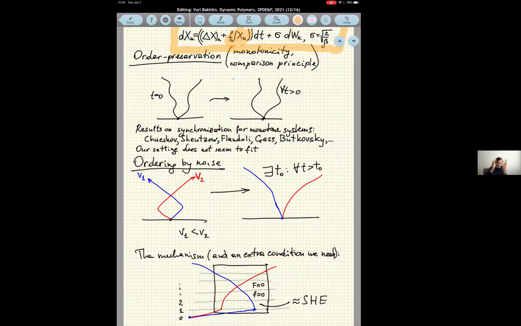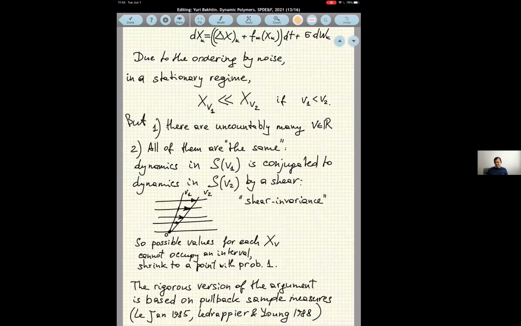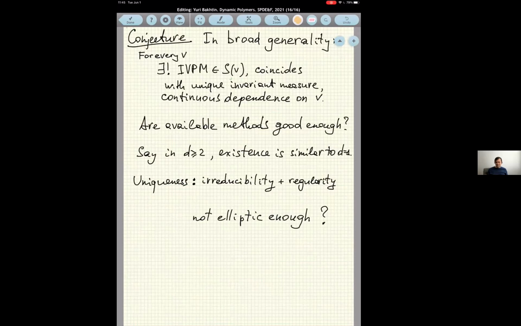For one, there is a bunch of names and results, and so here you have certain regularity of transition probabilities, because the noise is elliptic; it acts on each coordinate. But then, is it elliptic enough really? Does it regularize the transition probabilities?